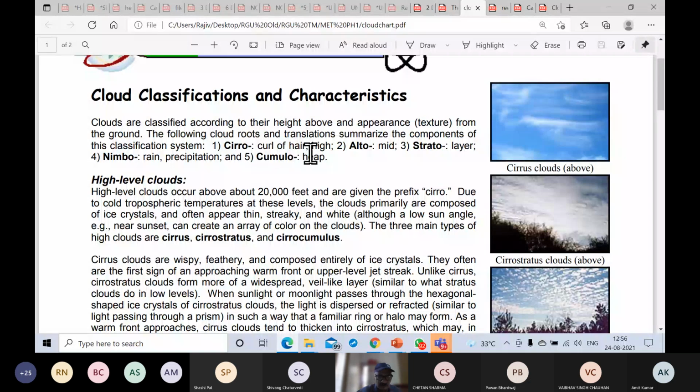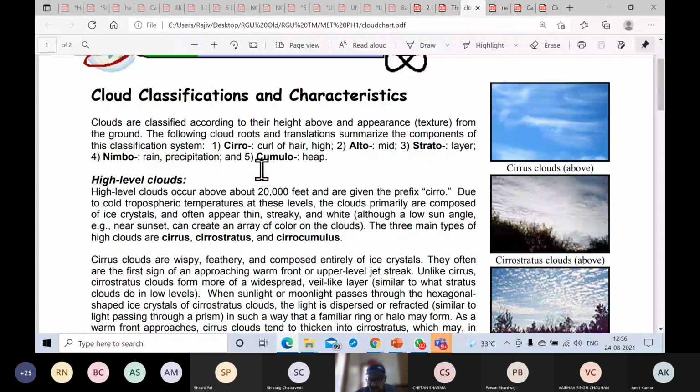It is a high cloud, like cirrostratus and cirronimbus. Alto is a mid-level cloud. Strato is a low-level cloud. Nimbo signifies rain and precipitation. Cumulo signifies a heap of cloud.